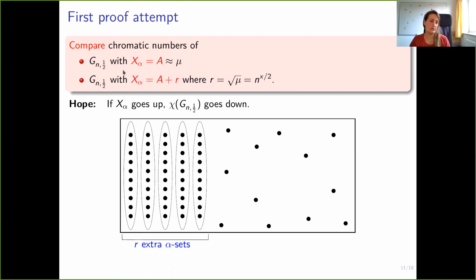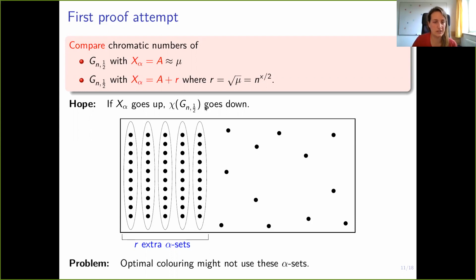And our hope would be to show that as X alpha goes up, the chromatic number goes down accordingly. Or conversely, maybe if you have a coloring and you kill some of the alpha sets, r of them, then the chromatic number goes down. Now, I tried this kind of approach for a long time, and I could never make it work.